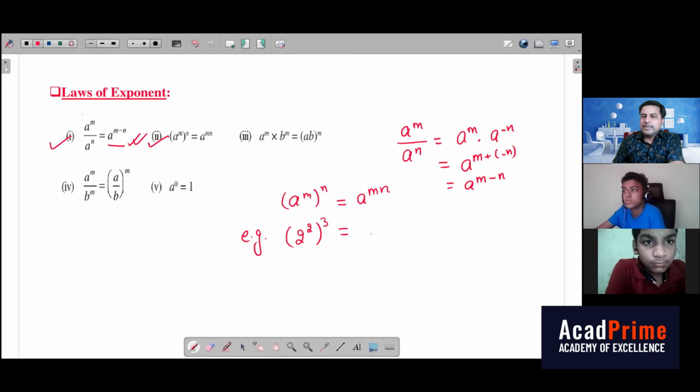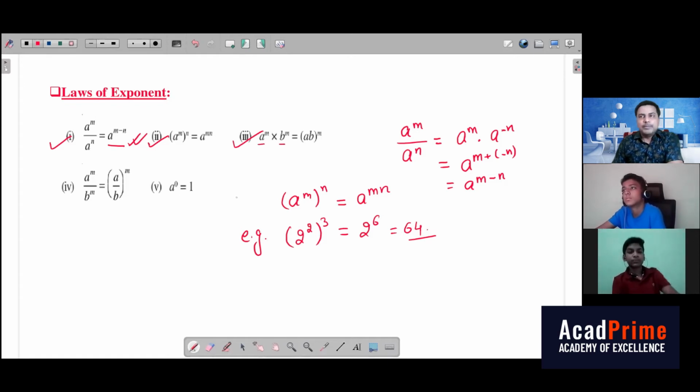Can anyone tell me? 64. You just tell me as 2 raised to the power m into n, that means 2 into 3, and that should be equal to 2 raised to the power 6, and that should be equal to 64.